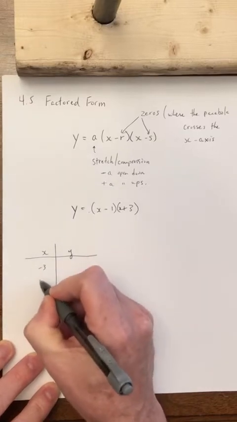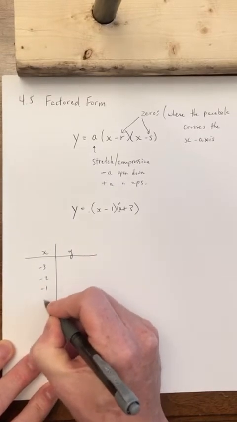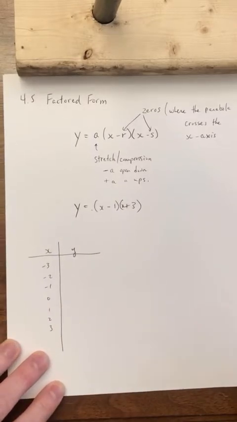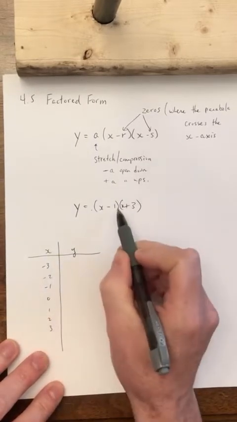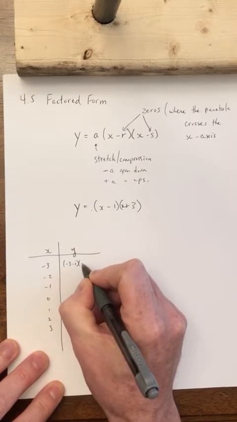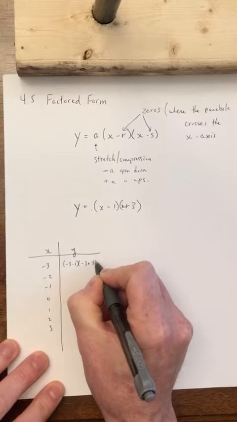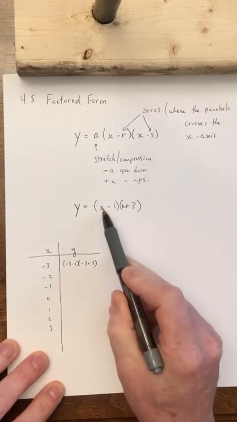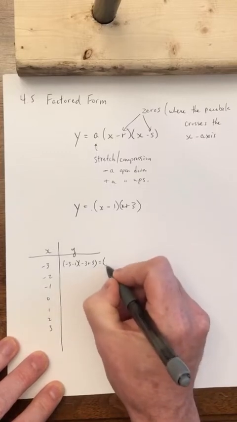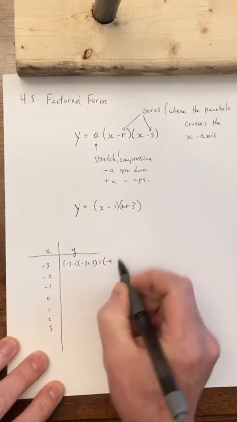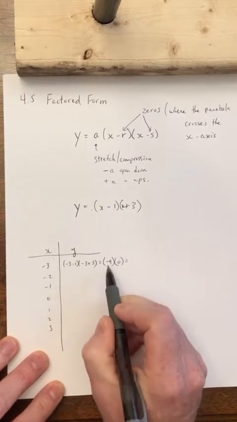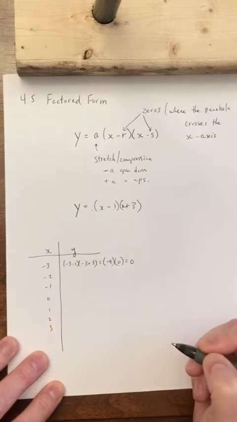So picking some random x values. If we were to sub in negative 3 into this, we would have negative 3 minus 1 times negative 3 plus 3. So I've just subbed in negative 3 in for this x and for this x. And we get negative 3 minus 1 is negative 4. Negative 3 plus 3 is 0. Negative 4 times 0 is 0.